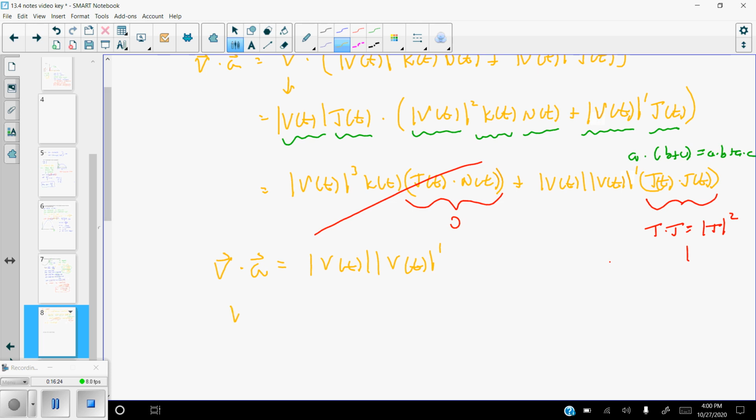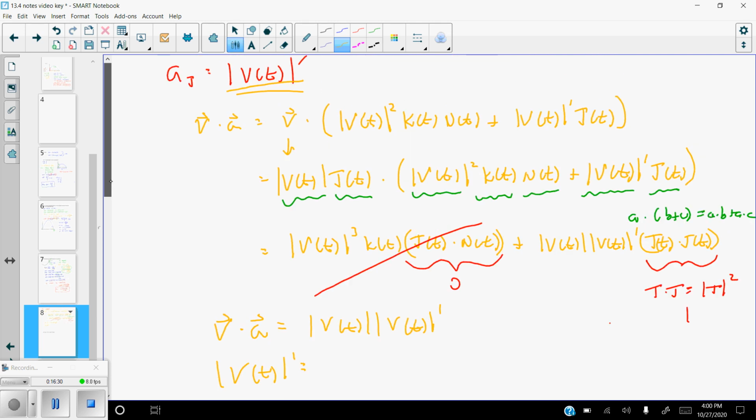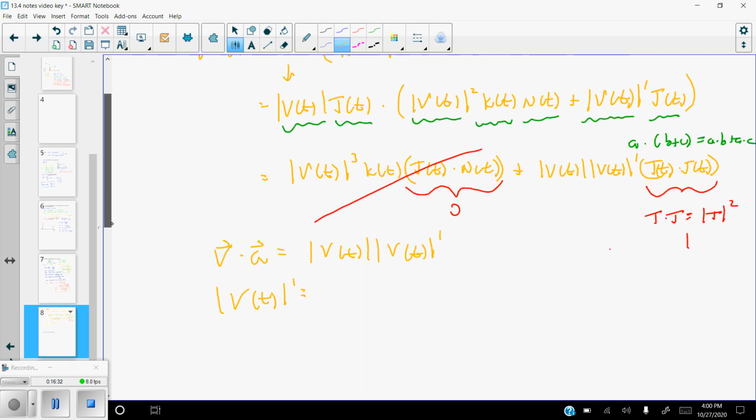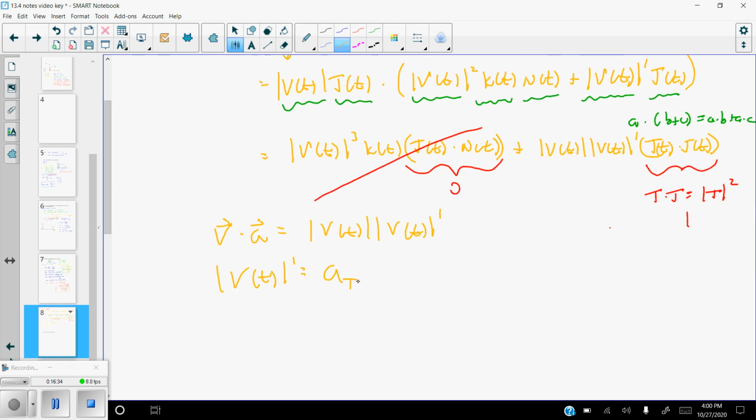So what I get is the magnitude of v of t prime, which is the same thing as the tangential component of acceleration, is going to be v dot a over magnitude of v.